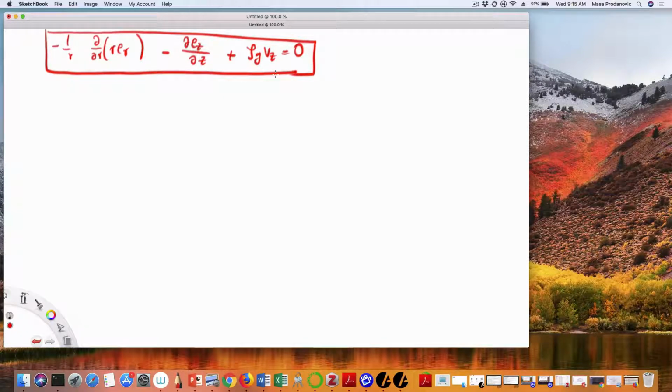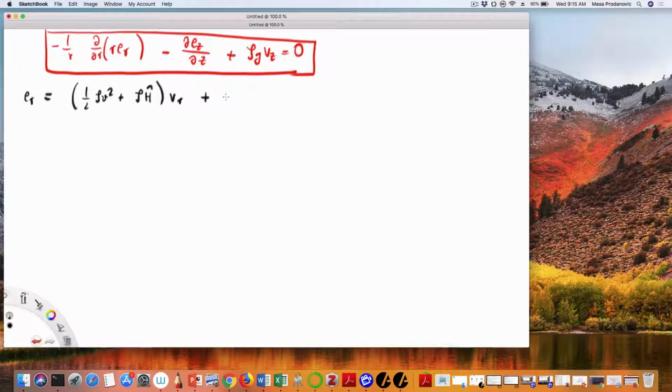So what is my ER? ER is the R component of that energy flux. So I have this part which is scalar, but its R component is QR, right?